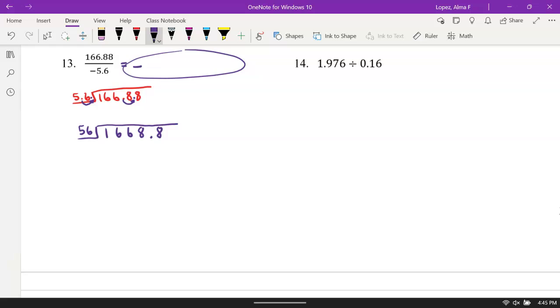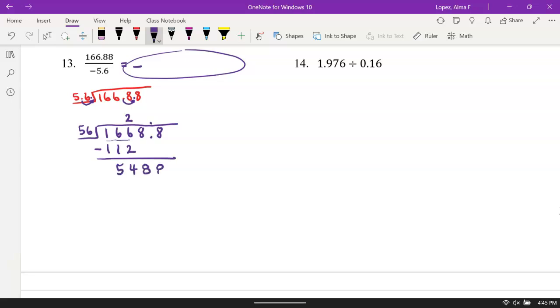56 doesn't go into 1, it doesn't go into 16, but it does go into 166. It goes in 2 times. Oh, by the way, the decimal is going to be right there. 2 times 56 is 112. And we subtract. That leaves me with a 4, a 5, a 0.